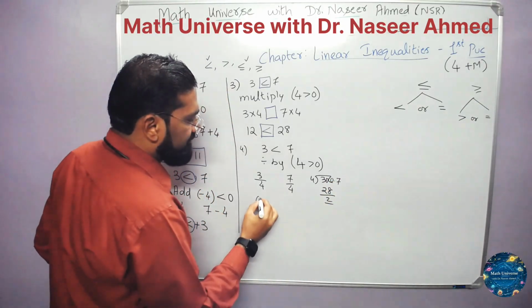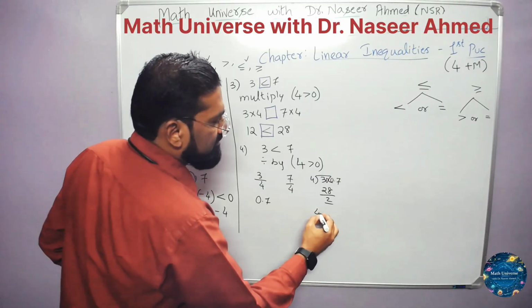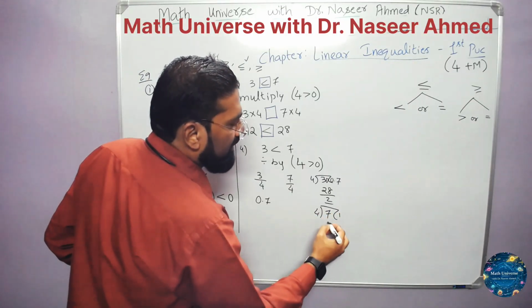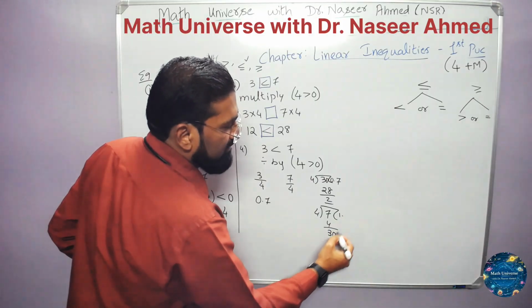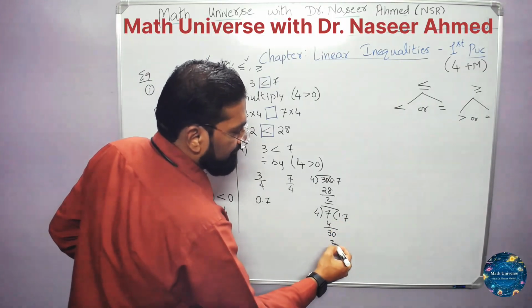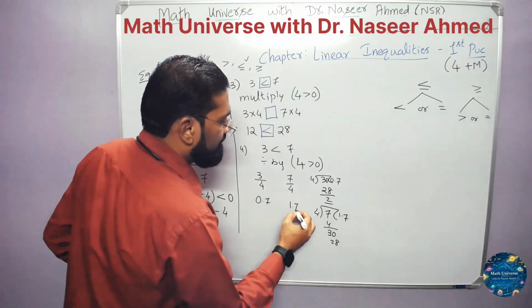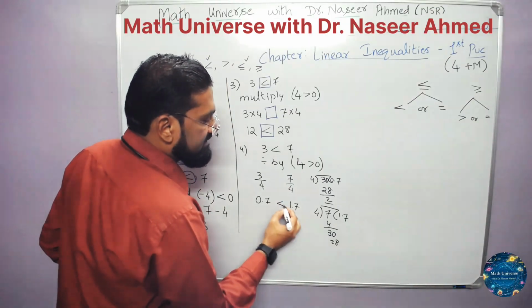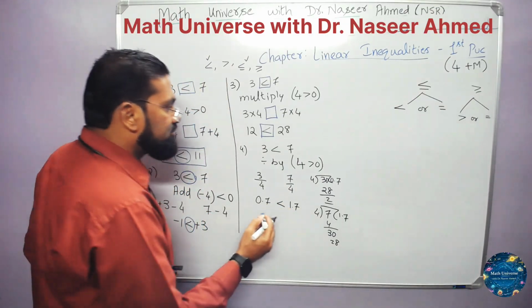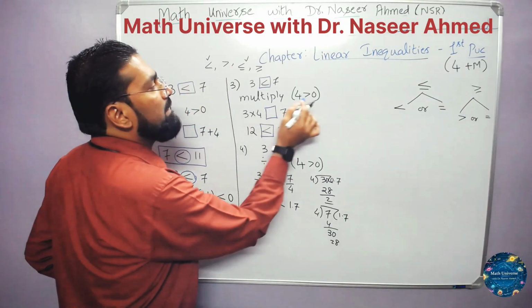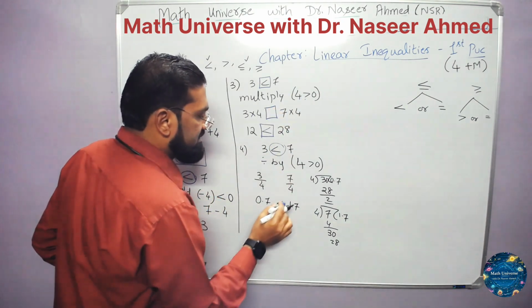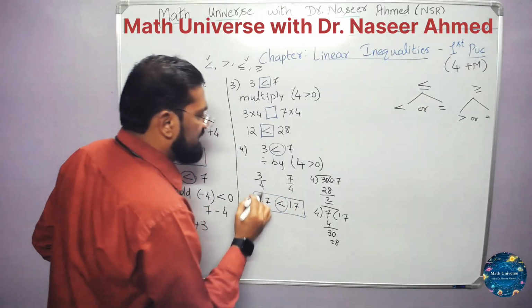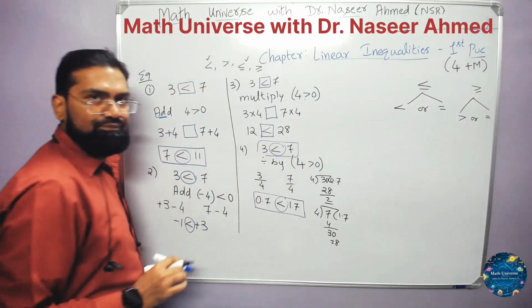So the approximate value of this is 0.7. Come to this. 4 ones are 4. 7 minus 4 is 3. Give a dot here. 4 sevens are 28. This is 1.7. So 0.7 is less than 1.7. Whether you multiply by a positive number or divide by a positive number, the inequality is the same. No change in the inequality.